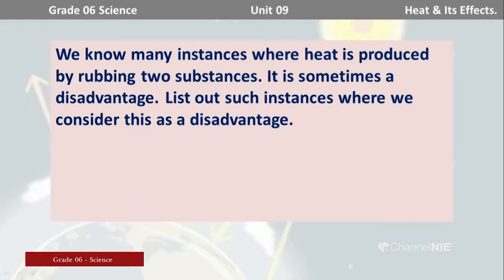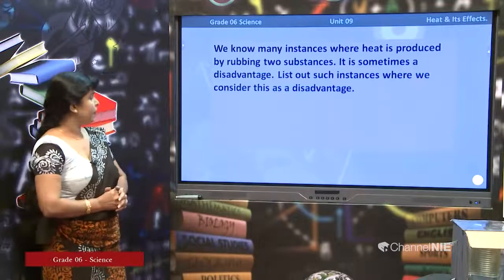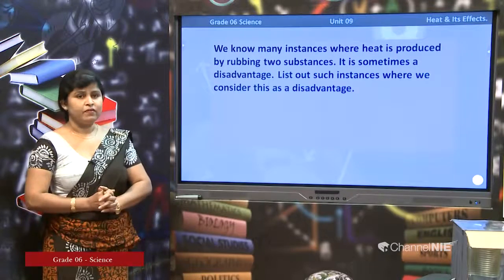List out such instances where we consider this as a disadvantage. Sometimes it is advantageous and sometimes it is disadvantageous. Now, let us see the instances where this is found as a disadvantage.